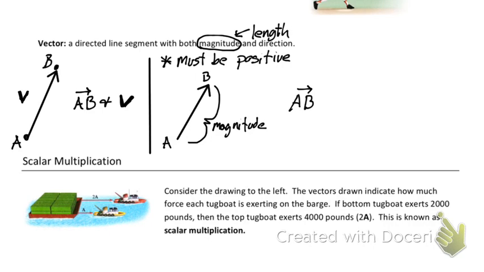So I say that is standing for vector AB. But as soon as I put absolute value bars around it, I'm saying magnitude AB. So absolute value bars automatically mean magnitude, because all I'm really saying with magnitude is length.